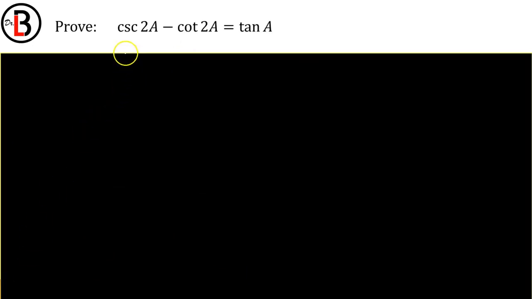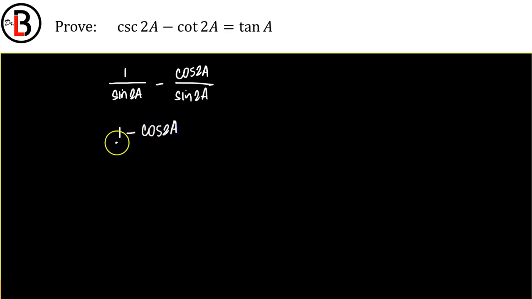If I'm to prove this, if I would like to start with the left side, let's just say cosecant 1 over sine 2a is cosecant, and then cotangent is cosine 2a over sine 2a. If I combine them, I would say that is 1 minus cosine 2a all over sine 2a. So what's the next step?